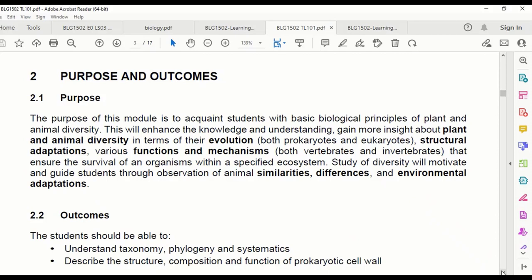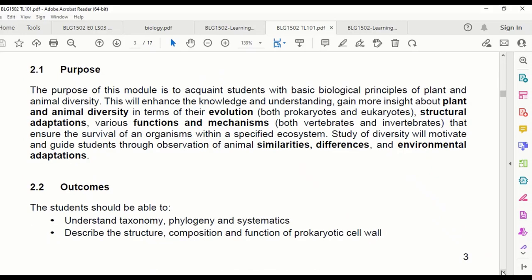This will enhance your knowledge and understanding to gain more insight into plant and animal diversity, which in turn covers the evolution of both prokaryotes and eukaryotes, and structural adaptation for various functions and mechanisms. So both vertebrates and invertebrates that ensure survival of organisms. Those who attended BLG 1501 will have a bit of understanding about what we are talking about.